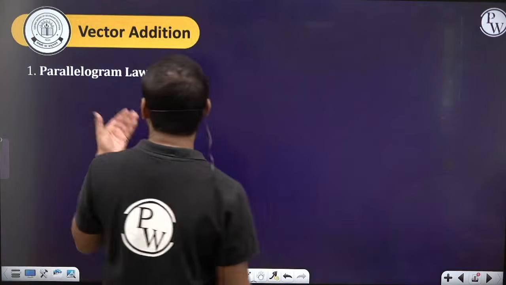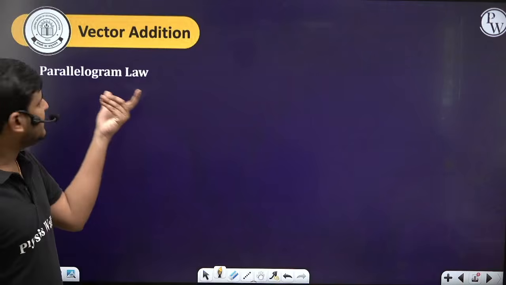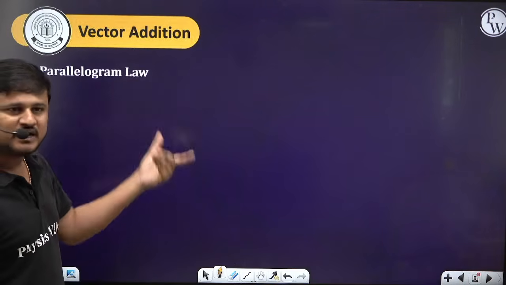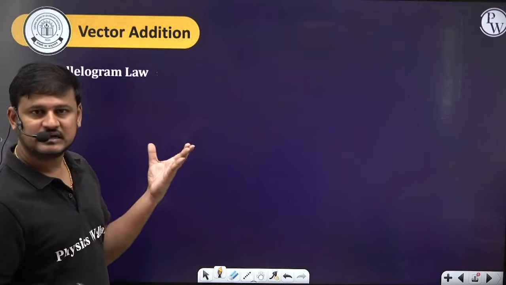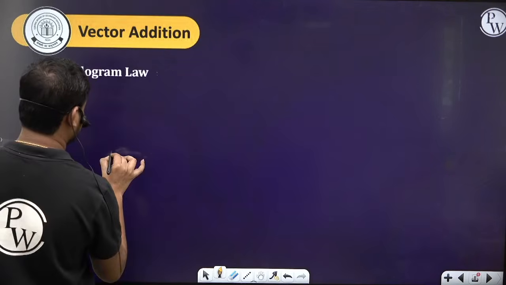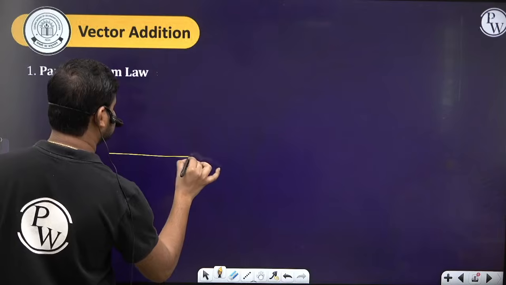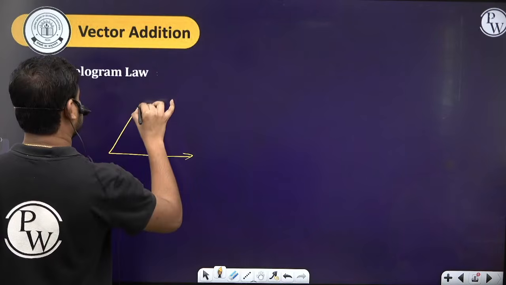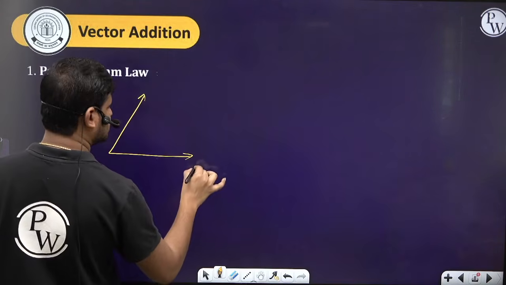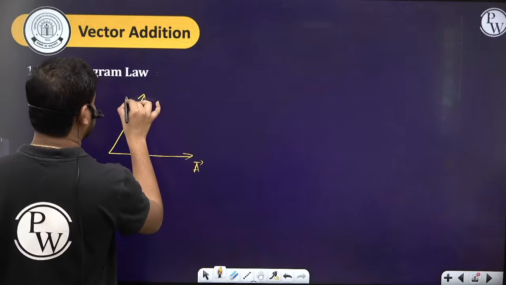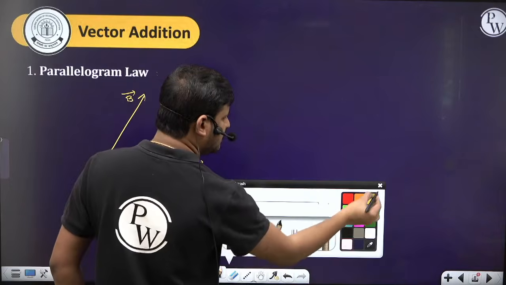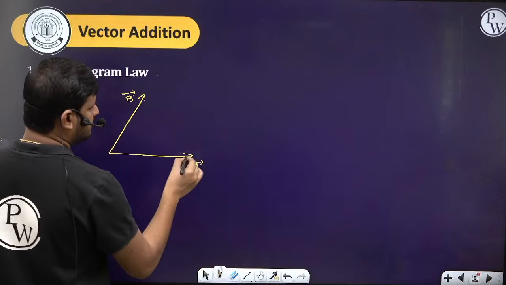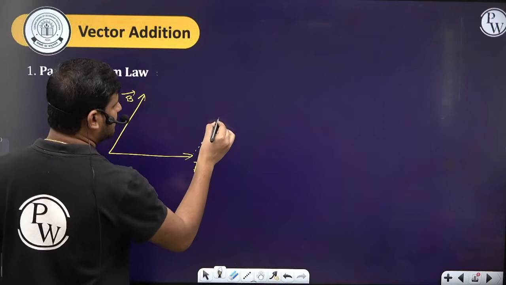So what is the parallelogram law? Diagrammatically, in our geometrical method, when two vectors are connected tail to tail, for example, let's say this is vector A and this is vector B. The parallelogram law says first form the parallelogram.